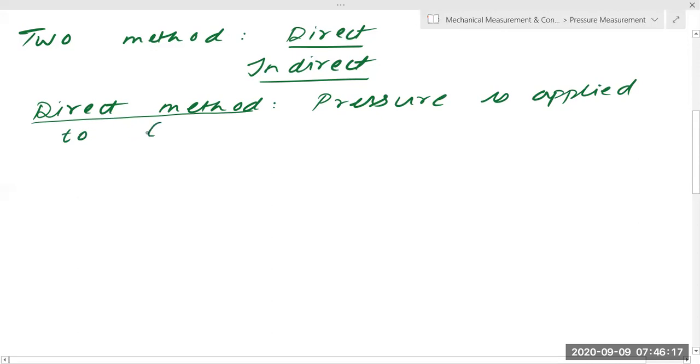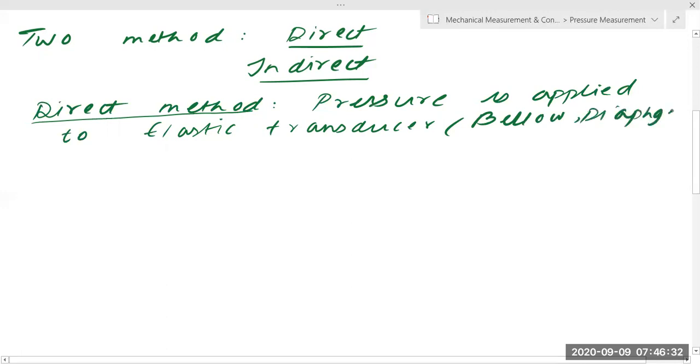When pressure is applied to the elastic transducer, what does it do? If you remember, what are the elastic transducers? Bellows, diaphragms. I hope everyone remembers this. These are the various elastic transducers. We have studied at least three, right? Bourdon tube is also there. We have studied them three times.